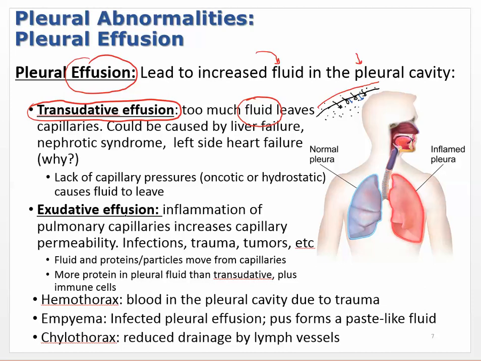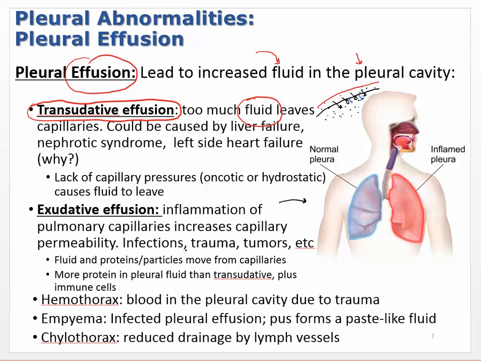Transudative, exudative. Exudative effusion is inflammation of pulmonary capillaries. So now, instead of just fluid, we've got exudate coming out. So we have things that include proteins, other particles, junk coming out with it. So inflammation of pulmonary capillaries increases capillary permeability.